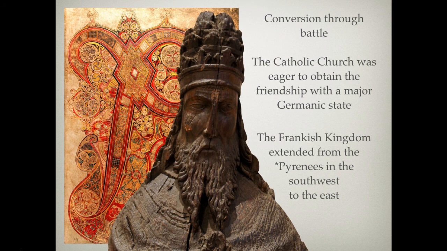Now, inevitably, they turn to other Germanic tribes, and through war and through battle, we see conversion. That is, once the Franks conquer a particular territory, they usually adopt the religion of their king, of their ruler. And since Clovis here is a Catholic Christian, many of his people will follow his lead.